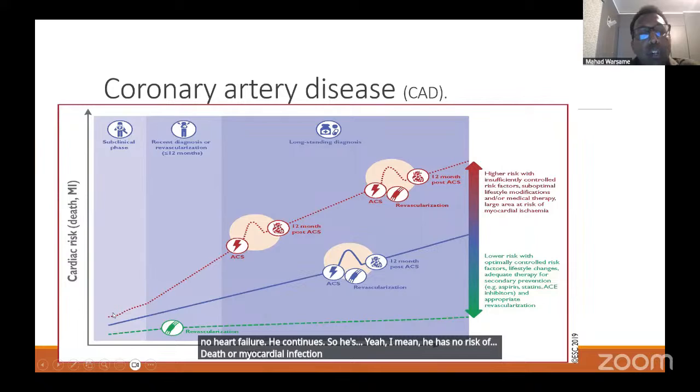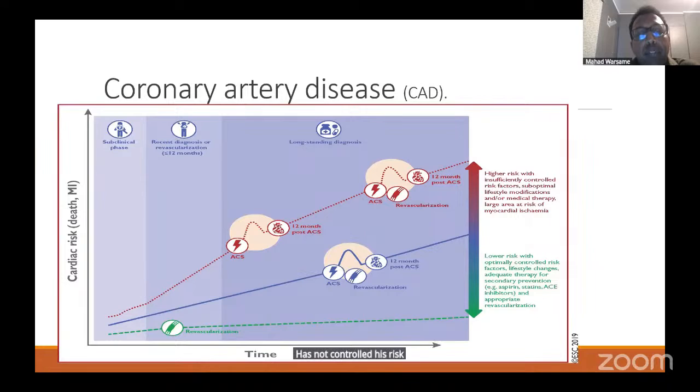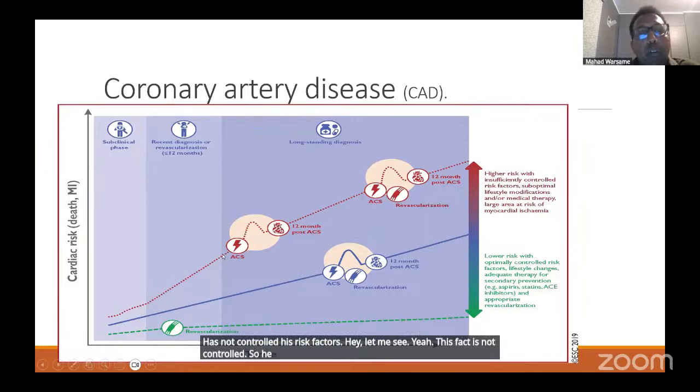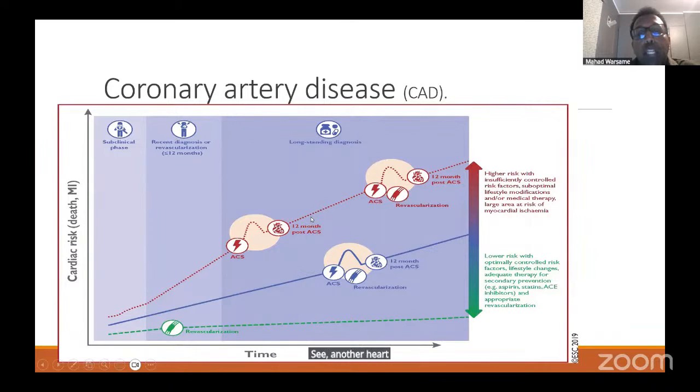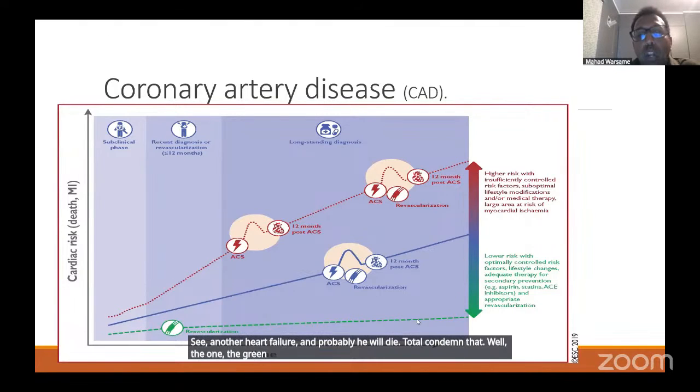If you see the red dots here, that's a patient who really has not controlled his risk factors. All of a sudden, a heart attack, myocardial infarction, and he's not controlled. Another myocardial infarction, another heart failure, and probably he will die. The green one is still very low.